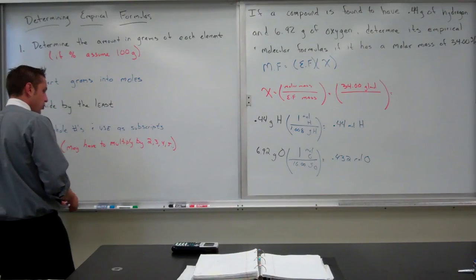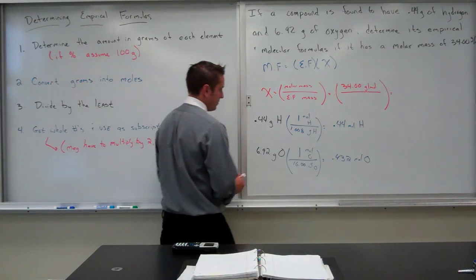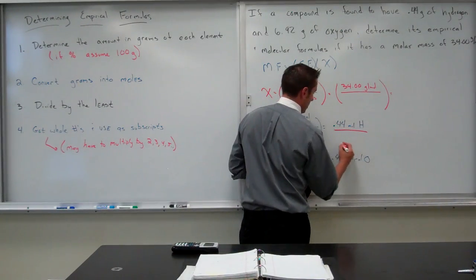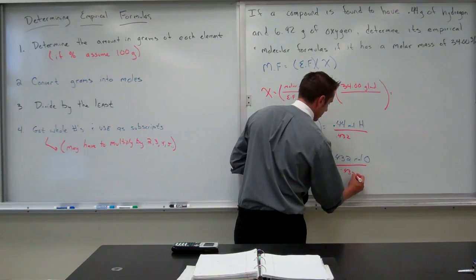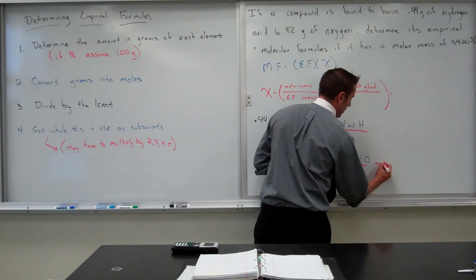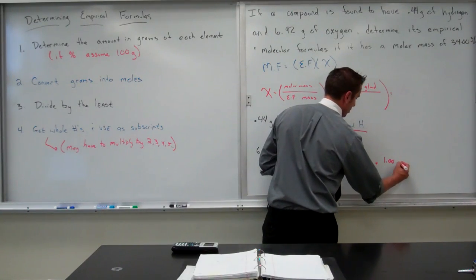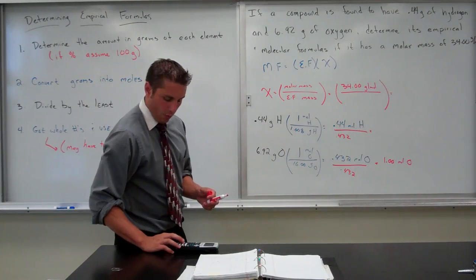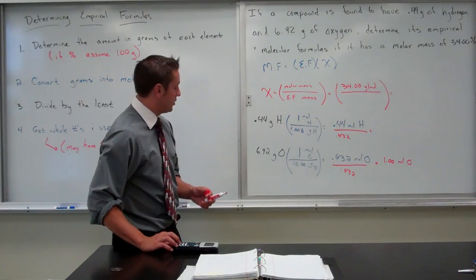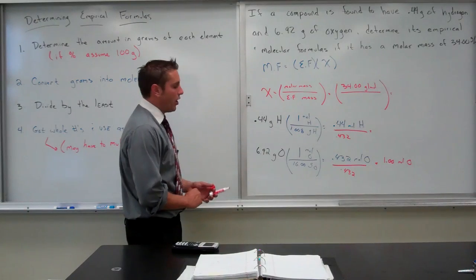Next step says to divide by the least. Looks like the least is 0.432. Bottom one, no surprise, will be 1.00 moles of oxygen. Top one, if we take 0.44 divided by 0.432, it looks like you get 1.01.